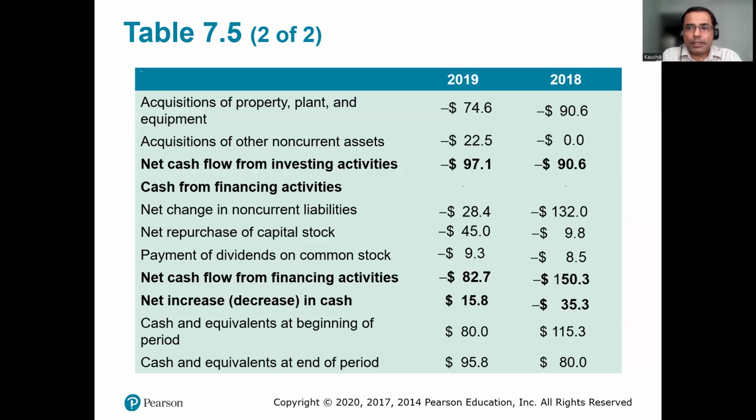Next, we look at the cash flow from investing activities. So in this case, the company is acquiring long-term assets, non-current assets, and the company has experienced cash outflow in order to acquire property, plant, and other assets. So that gives us the net cash flow from investing activities.